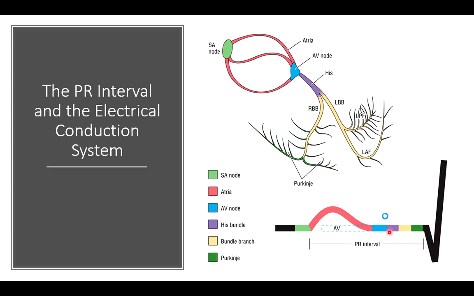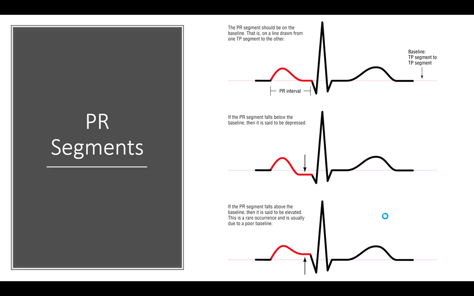That's what we see happening here. So look at my PR segment. If this is the PR interval from start of P wave to start of QRS, the PR segment's right here.